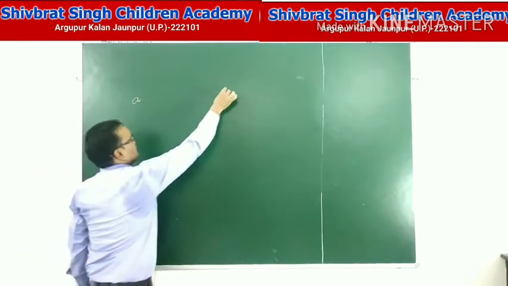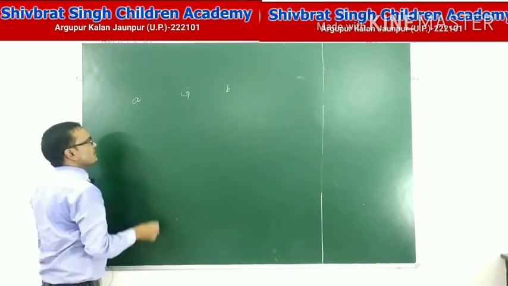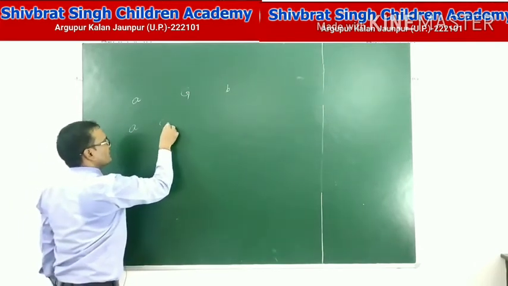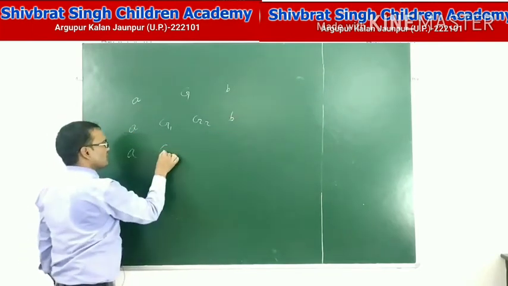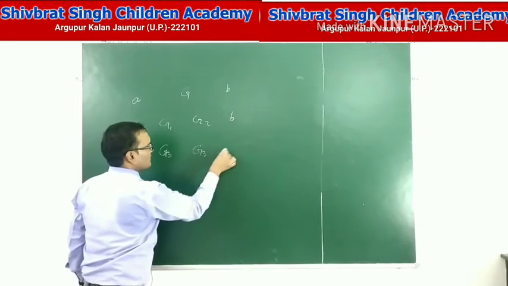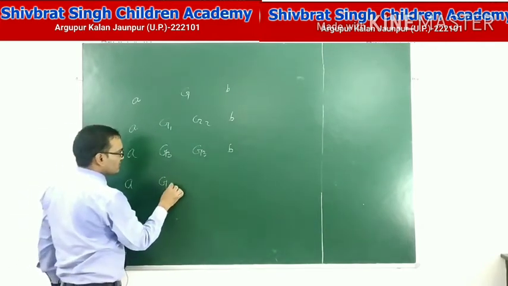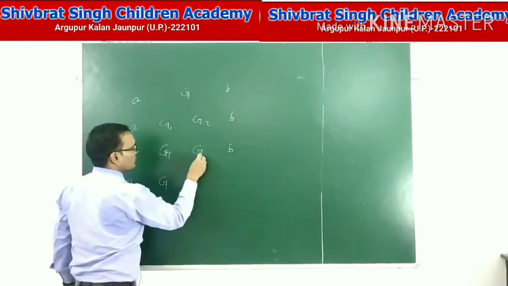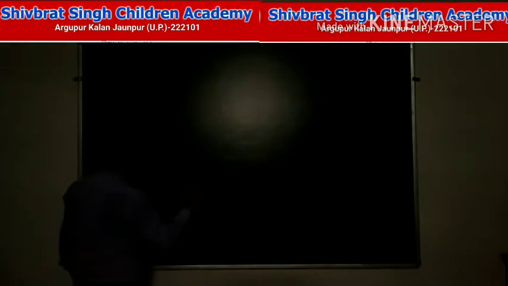a and b are two positive numbers. We can insert one geometric mean, and also we can insert two geometric means. You can insert three geometric means, you can insert four geometric means.